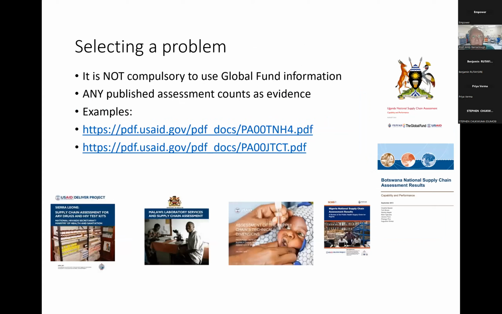You don't have to use Global Fund information. You can use any published source of evidence, and there's lots of them. There's lots of USAID reports, and lots of different bodies and reports about all the problems in the health supply chain in your country. Spend a little time, do some research, look at what the published problems are.